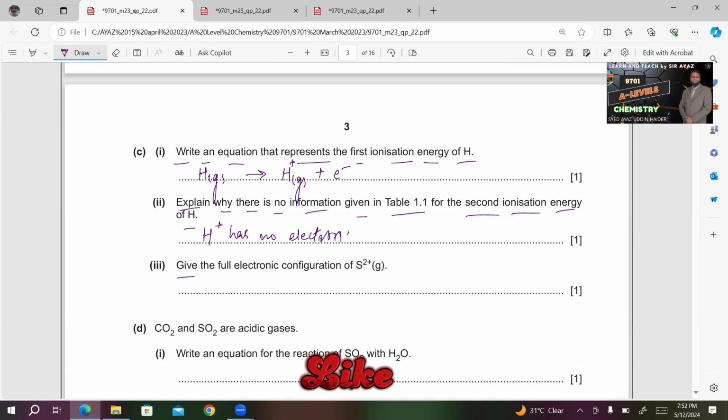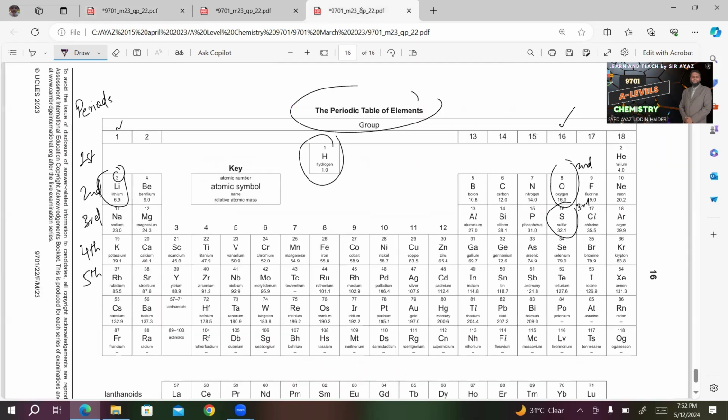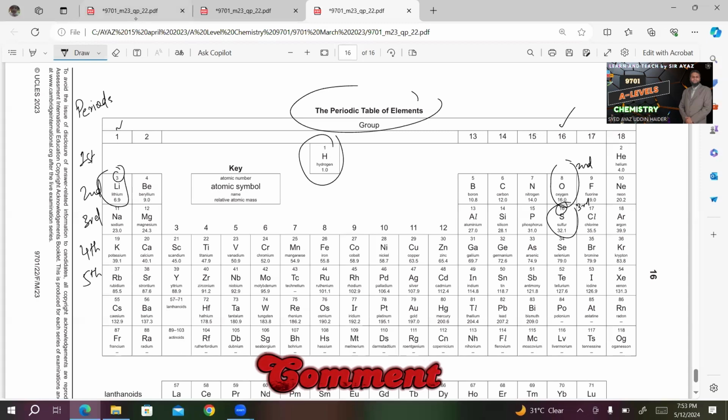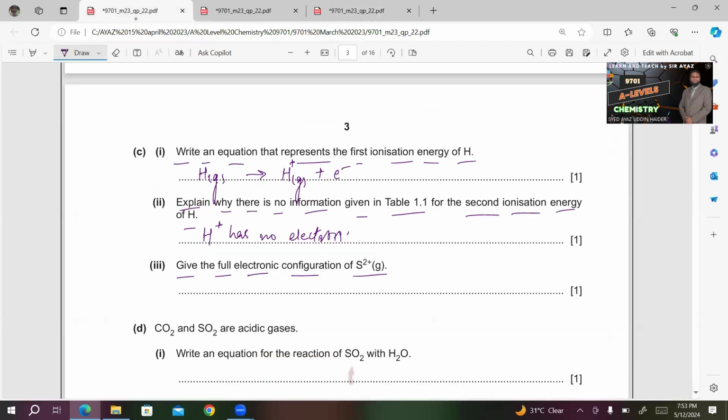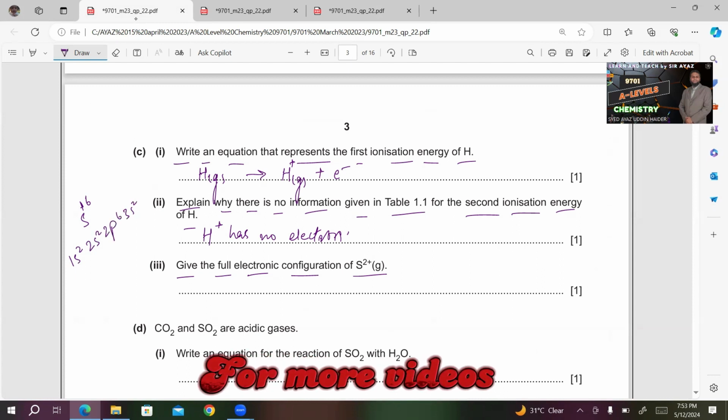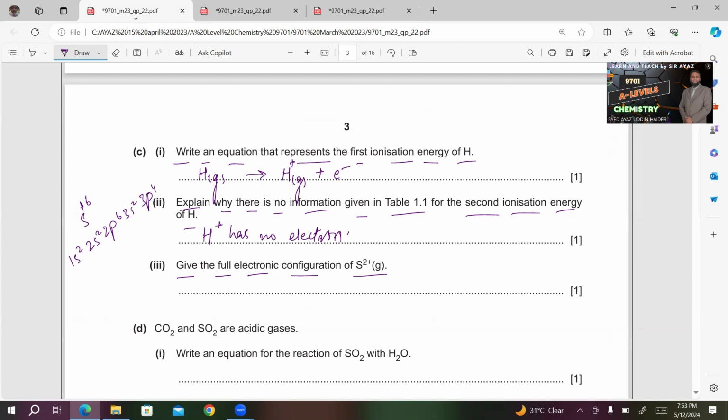Number 3, give the full electronic configuration of S2+ gas. S2+ means it has lost 2 electrons. Here's sulfur, proton number 16, which means the electronic configuration will be 1s2, 2s2, 2p6, 3s2, 3p4.